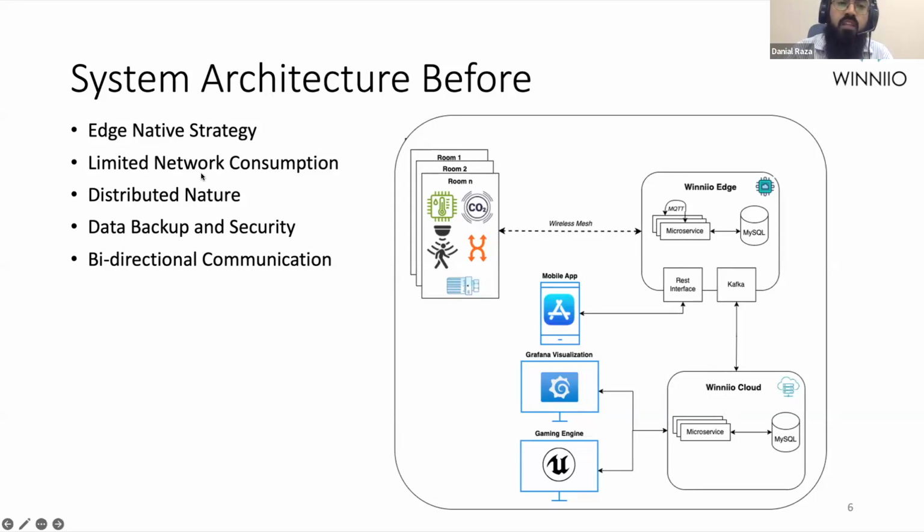One of the other challenges that we had was network consumption. Because all our data resides on the edge device and all the processing is done there, but there are services where you need that data outside of the edge device. If you query the edge device a lot, it puts a strain on it, number one.